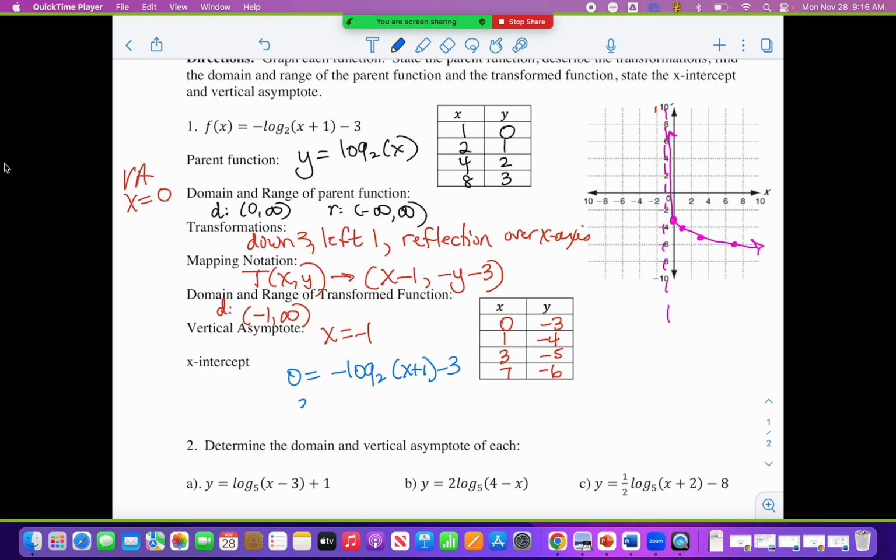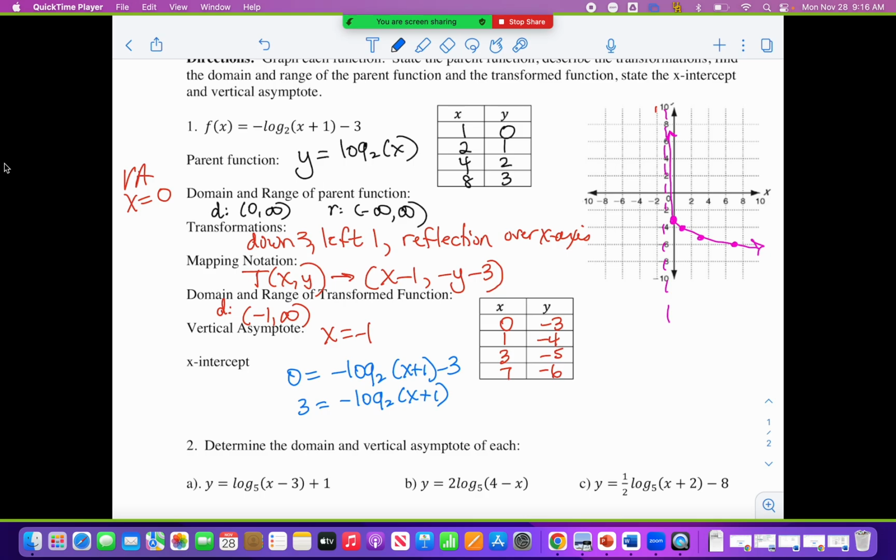So I'm going to add 3 to both sides. And then we need to divide by the negative 1. This is going to be a yucky fraction. But that's okay.